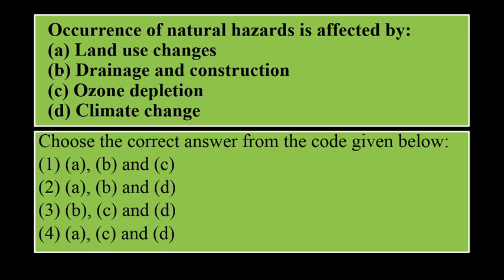Occurrence of natural hazards is affected by land use changes, drainage and construction, ozone depletion, climate change. We have to say which of these affects the occurrence of natural hazards. So it is affected by land use changes, drainage and construction, and climate change. So only options A, B, D are correct, which is denoted by the second option.